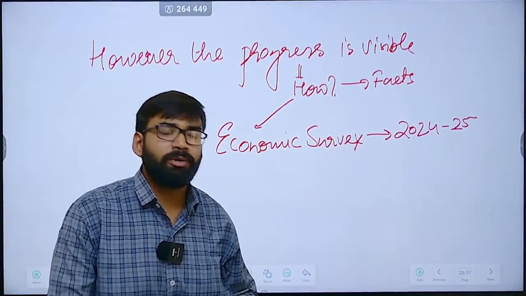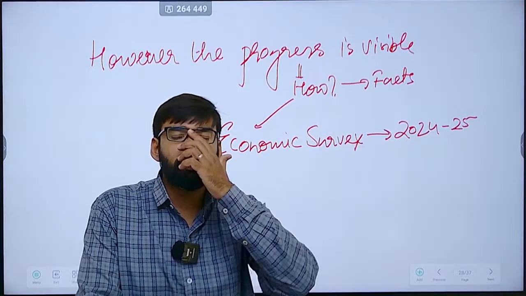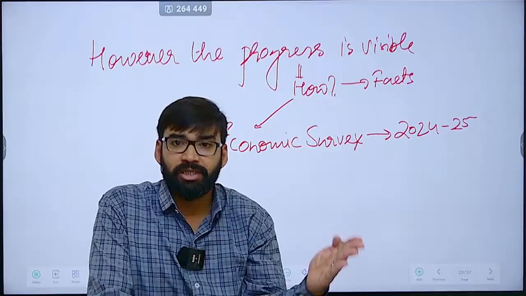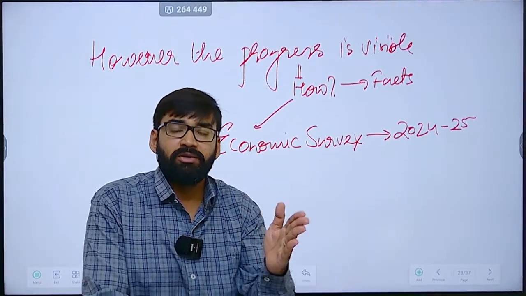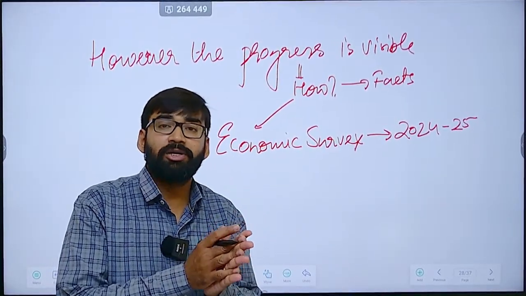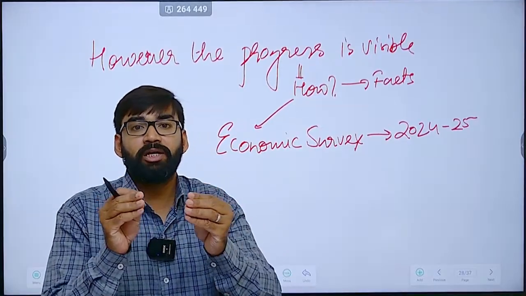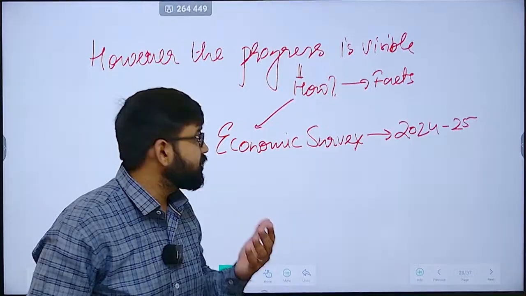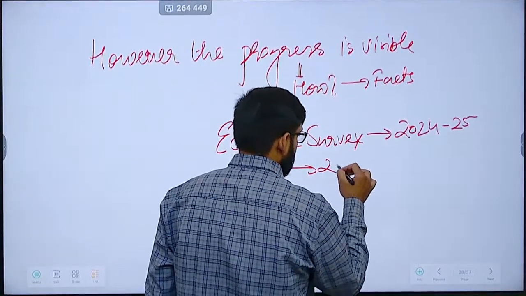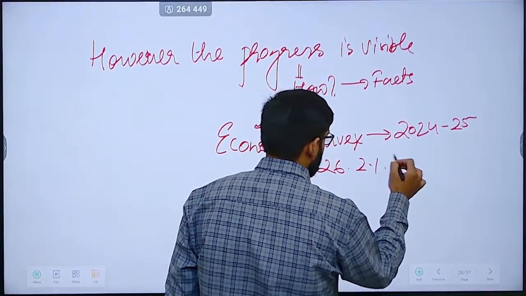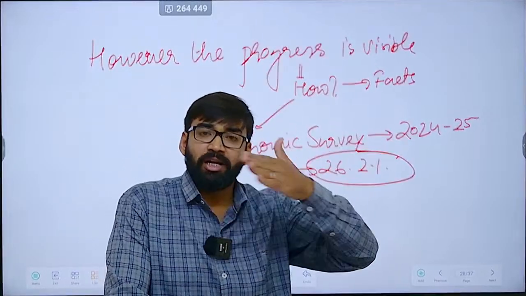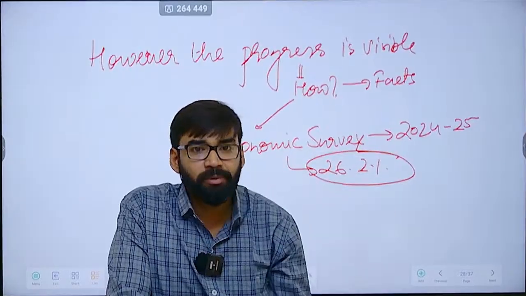In this report, you can mention that social services expenditure rose from 3% of government expenditure in financial year 21 to 26.2% in 25. That means the government started spending more. So progress is visible. Clear?